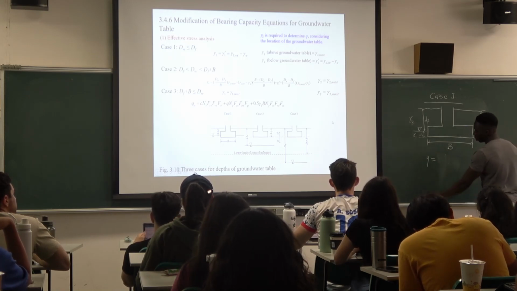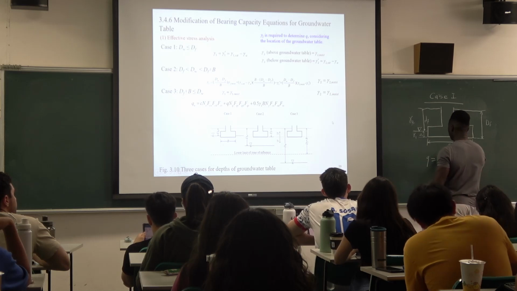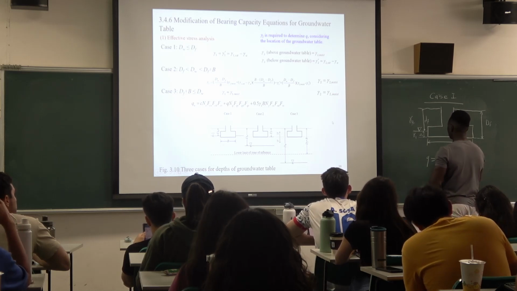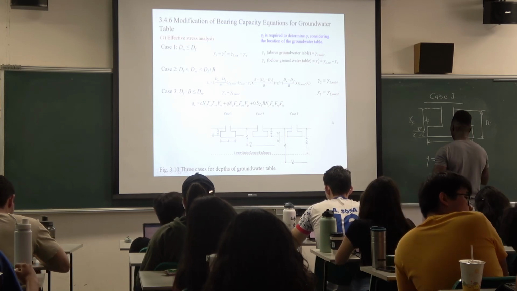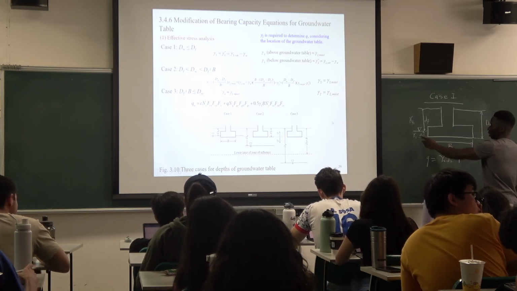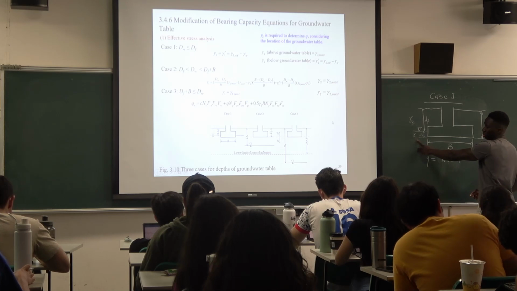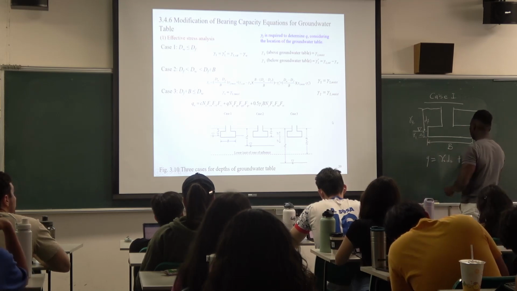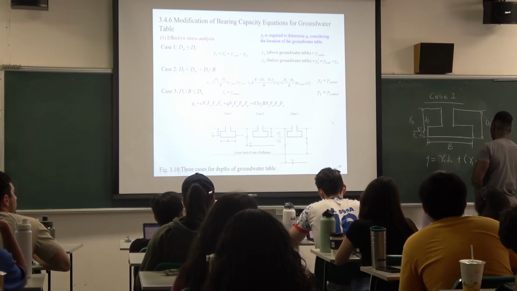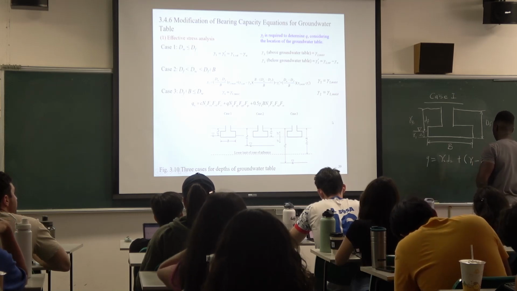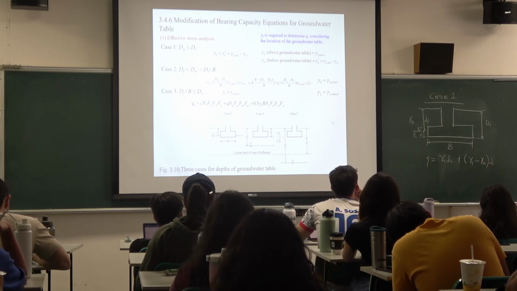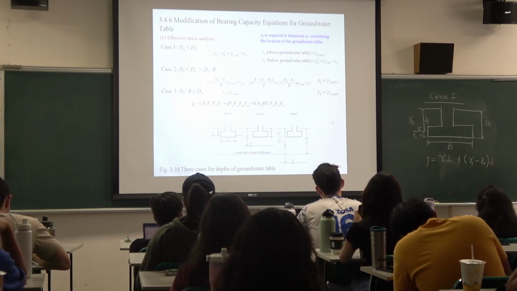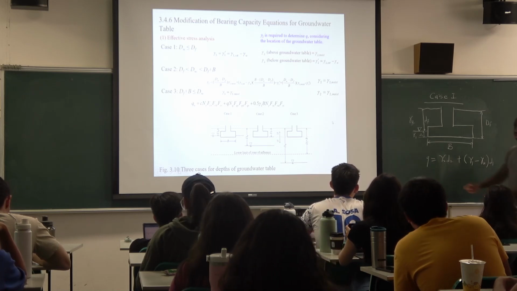How do we do that? It's going to be gamma 2 multiplied by this, plus, because this gamma is below the water level, we need gamma 1 minus gamma water. So that's how you will get the Q in this case.